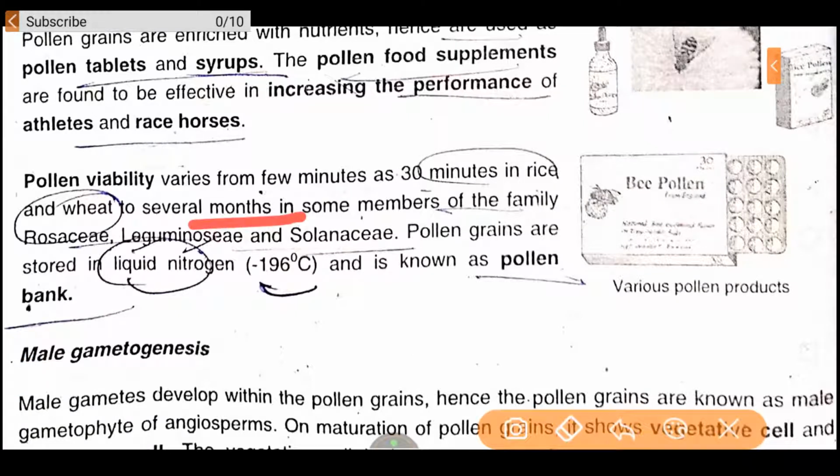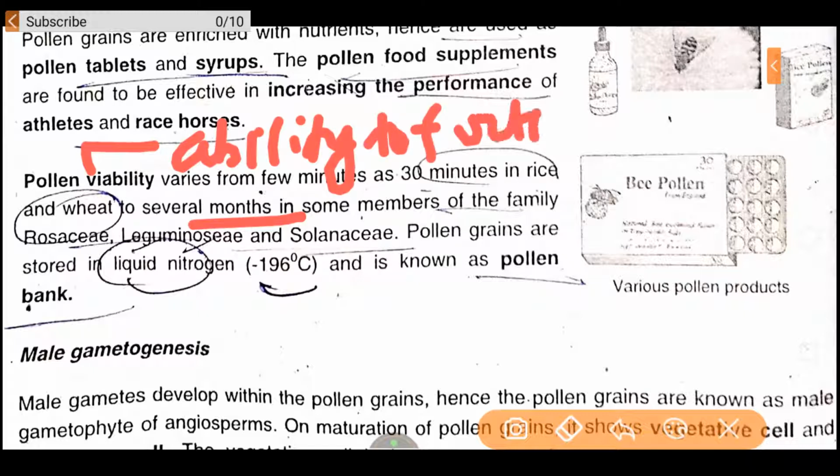Viability means its ability to fertilize. The pollen grain is going to fertilize the egg cell. So viability is several months in the case of the families Rosaceae, Leguminosae, and Solanaceae.